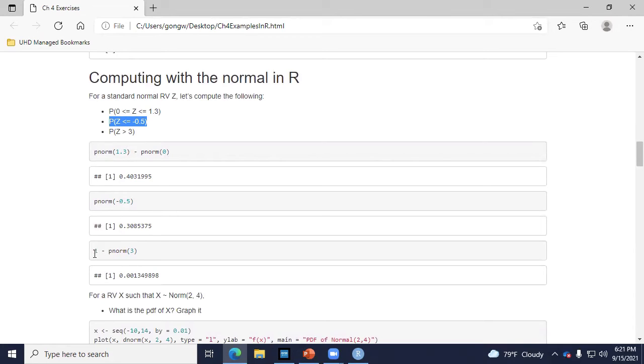That would be 1 minus. When you're trying to get the opposite, you do 1 minus, because when you sum up all the probabilities for this random variable, it's always 1.